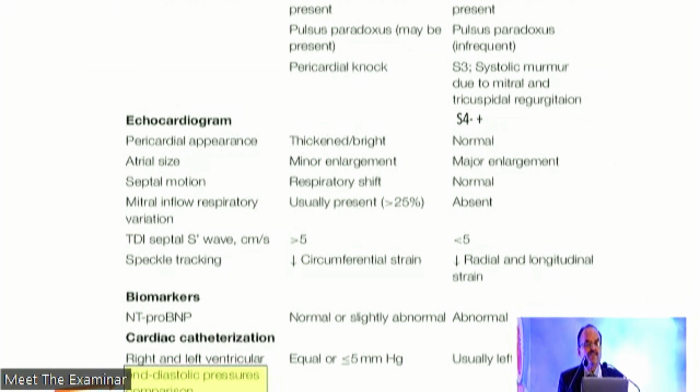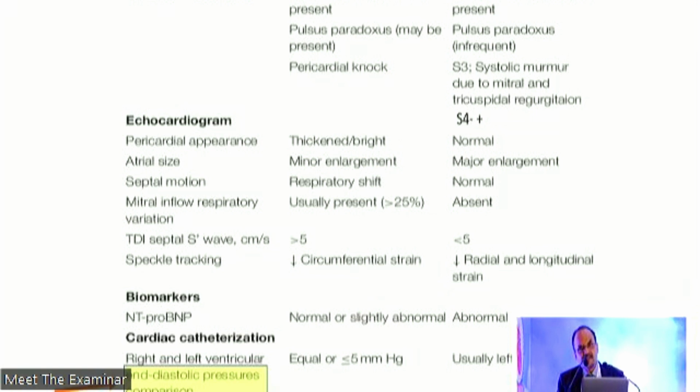So this is a little busy slide, but this goes on to recapitulate that on clinical examination, Kussmaul's sign, which is paradoxical rise of the jugular venous pressure during inspiration, is usually present. There may be presence of pulsus paradoxus in case of constrictive pericarditis, and both these are infrequent.